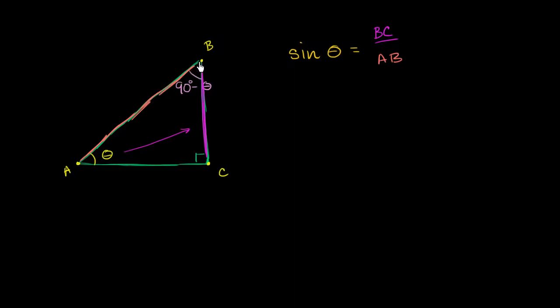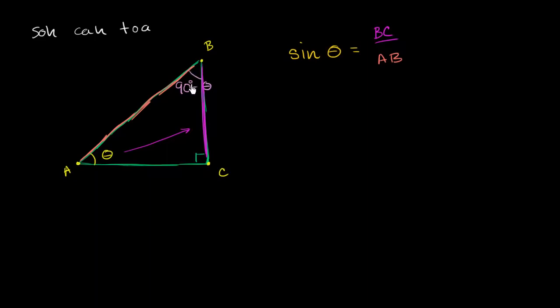Now, what trig ratio is adjacent over hypotenuse? Well, that's cosine. So, SOH CAH TOA, let me write that down. Sine is opposite over hypotenuse. We see that right over there. Cosine is adjacent over hypotenuse, CAH, and TOA, tangent, is opposite over adjacent. So from this angle's perspective, BC is its adjacent side, and the hypotenuse is still AB.